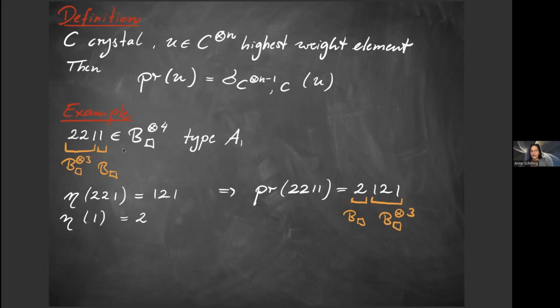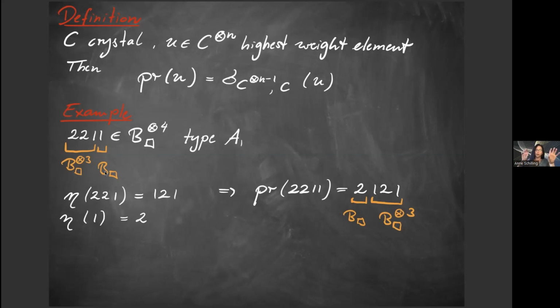So here's an example. Let's take 2, 2, 1, 1 in the four-fold tensor product of the single box crystal, which we saw before actually labels one of these invariant vectors. And so what we do is we split our four-fold tensor product into a three-fold tensor product and a single box.